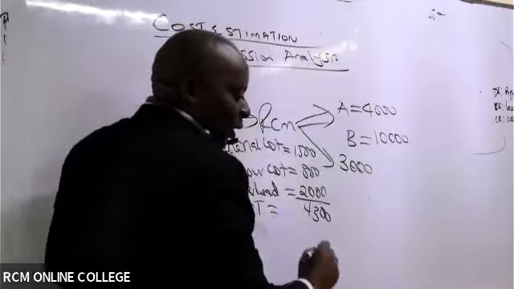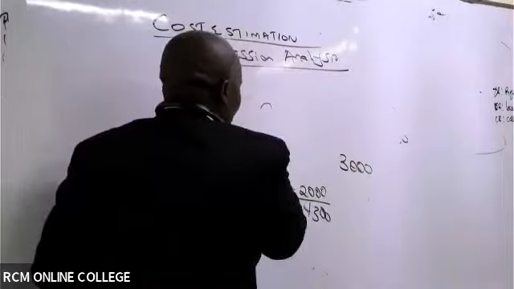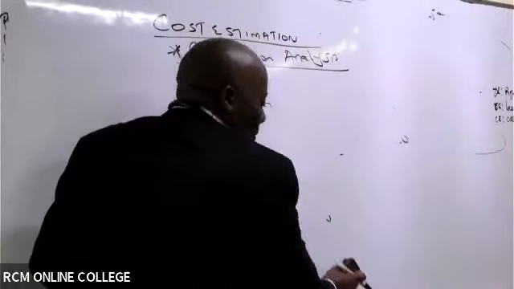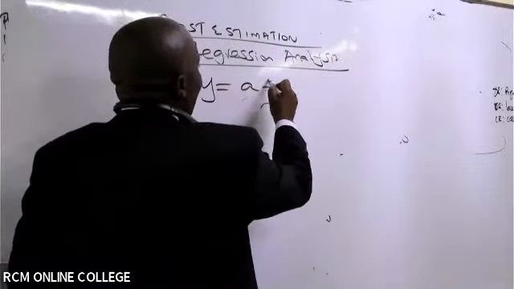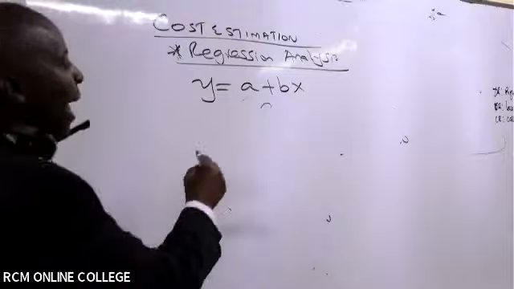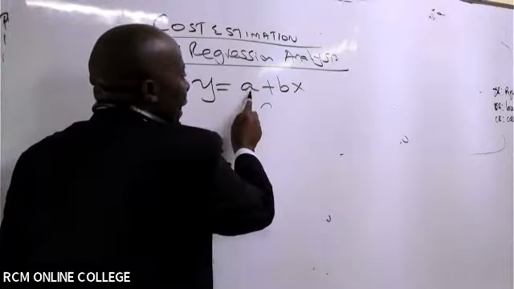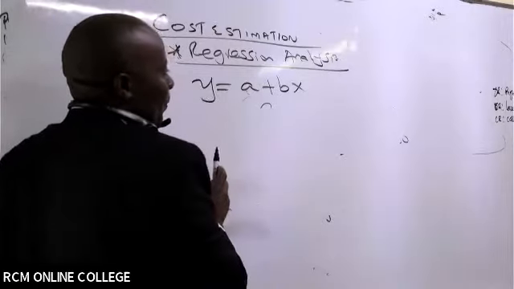Regression analysis. We have got two models. We have what we call the simple regression equation. So simple regression equation is that equation that looks like this. Y equals what here, somebody? A plus bx, where A is the constant, what we also call the y-intercept.